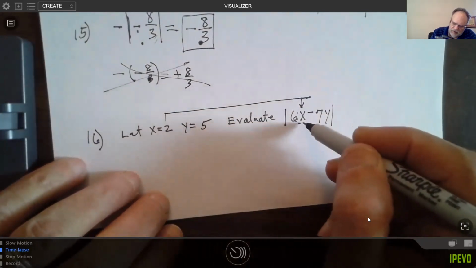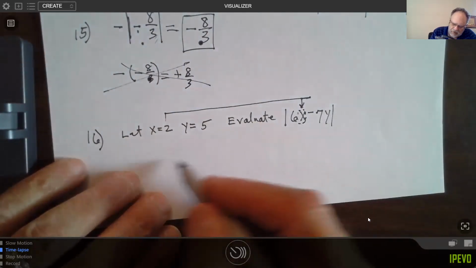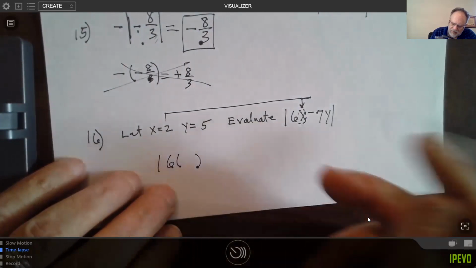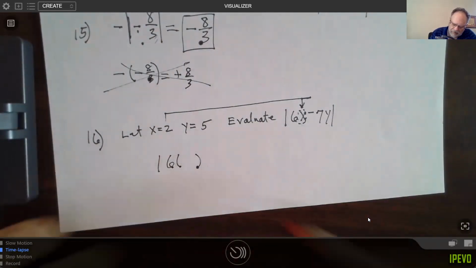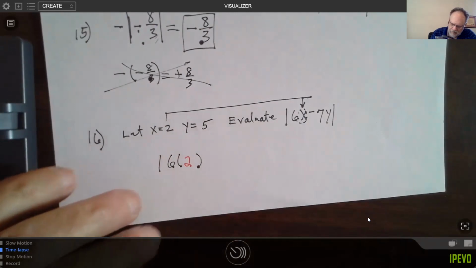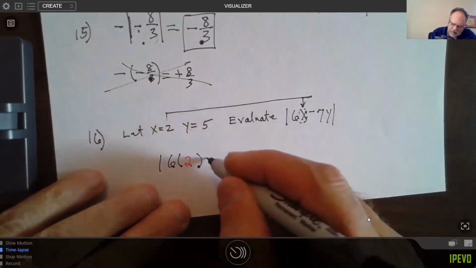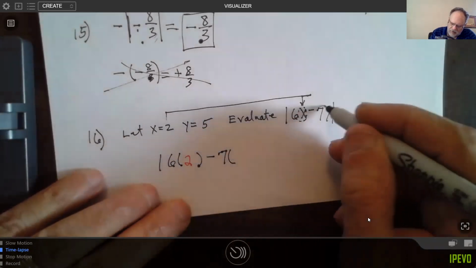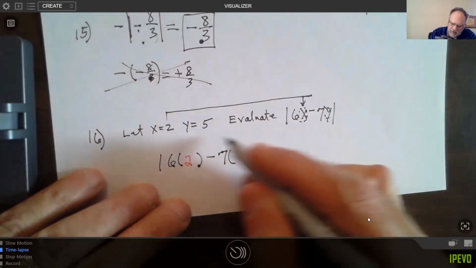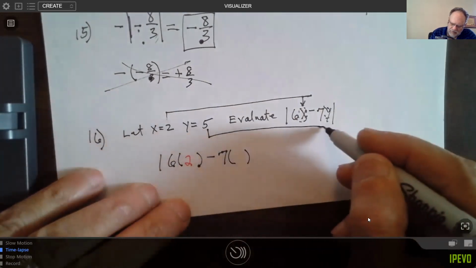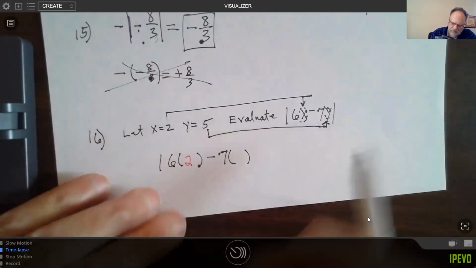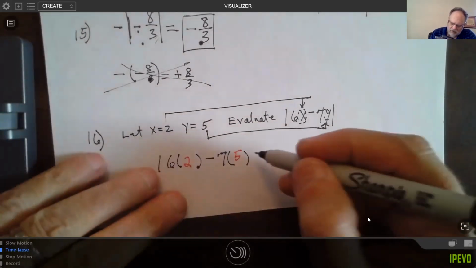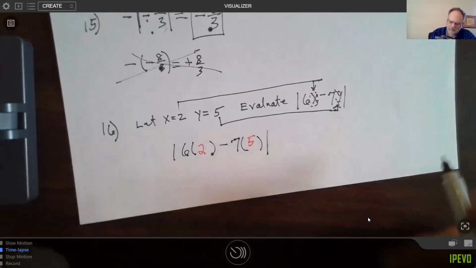And so it's like we're cutting that x out, and this will be 6 and then parentheses, and we're going to put that 2 in there. Minus 7. And so it's like we cut that y out, right? And now we're going to substitute in the 5. And then close the absolute value.